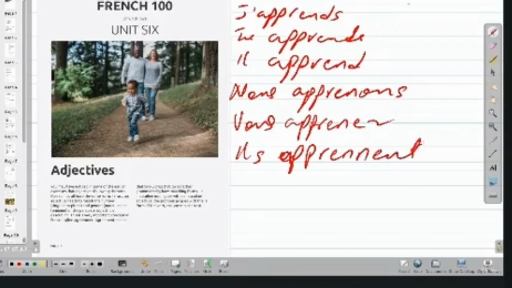It is an RE verb, as you remember. Donc, répétez s'il vous plaît. J'apprends, tu apprends, il apprend, elle apprend, on apprend, nous apprenons, vous apprenez, ils apprennent, elles apprennent.